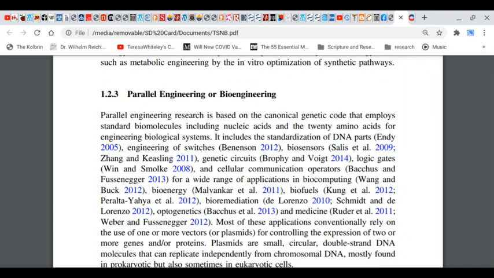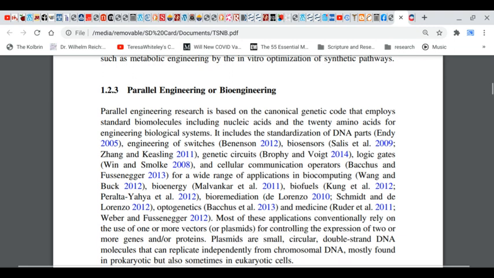It includes the standardization of DNA parts, engineering of switches, biosensors, genetic circuits, logic gates, and cellular communication operators for a wide range of applications in biocomputing, bioenergy, biofuels, bioremediation, optogenetics, and medicine. Most of those applications conventionally rely on the use of one or more vectors or plasmids for controlling the expression of two or more genes and or proteins.